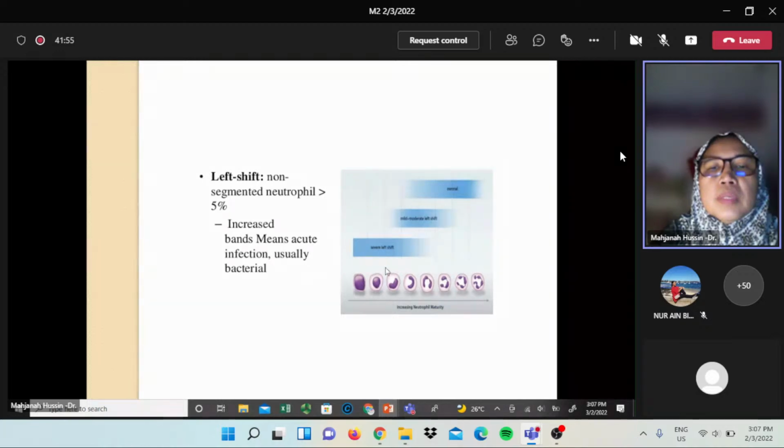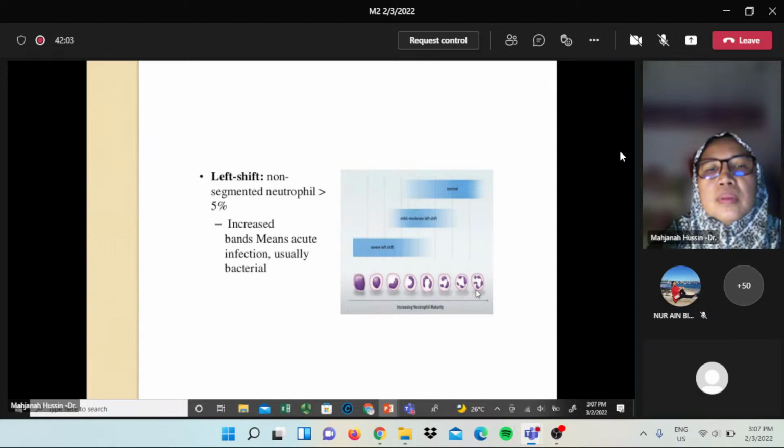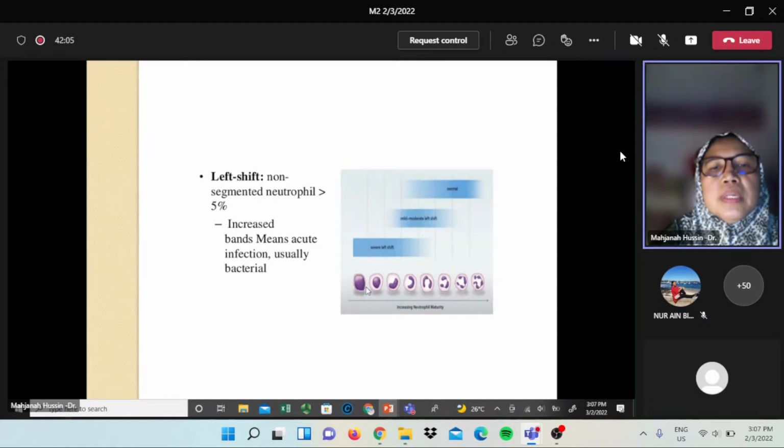Anything going to the left, where the neutrophil is not segmented, means acute infection. All right, so increased bands mean acute infection, usually bacterial, right? So this is normal. This is a slightly moderate left shift, but this is mostly on the left.